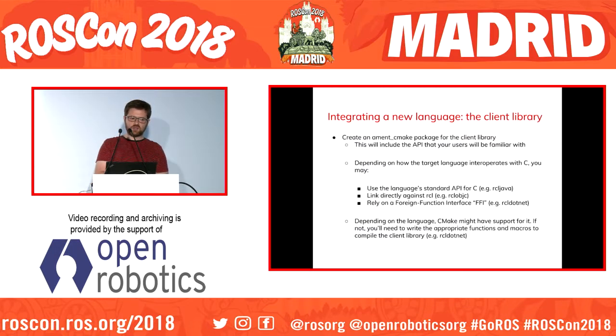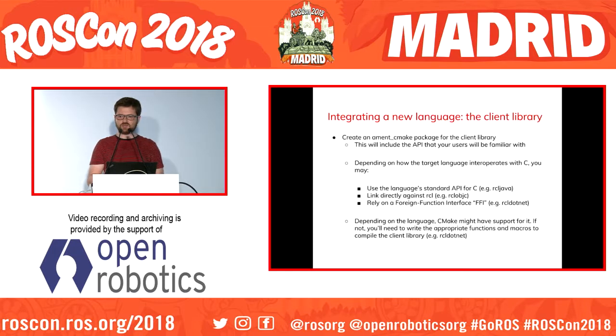Now you need a client library to interact with those messages. This is the API that your users will use. It's up to you how idiomatic you want to make it, but RCL makes it easy because all the functions are very simple.